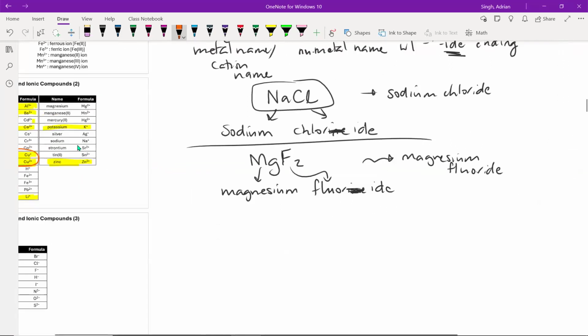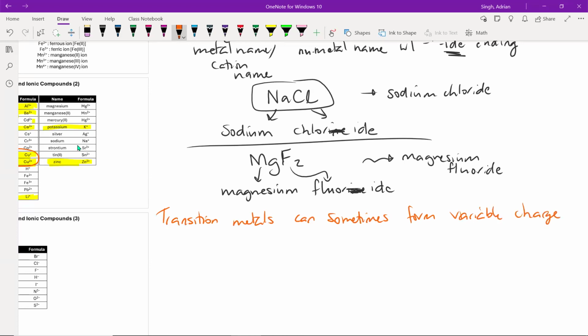Okay, so we do encounter situations where we specifically have transition metals that can sometimes form variable charge ions. We call them variable charge metals, meaning they can be different.